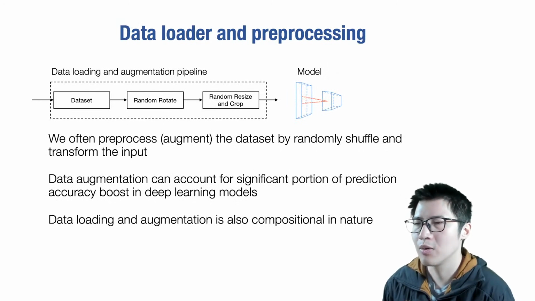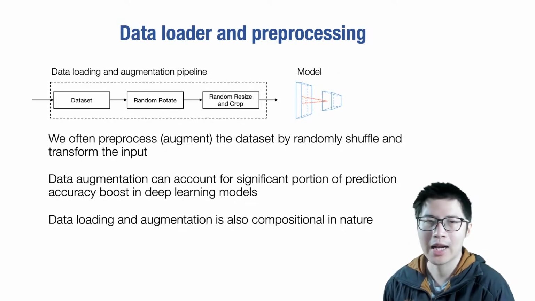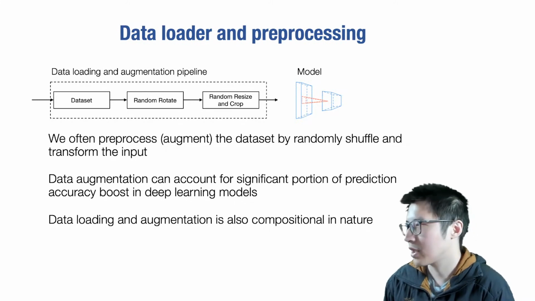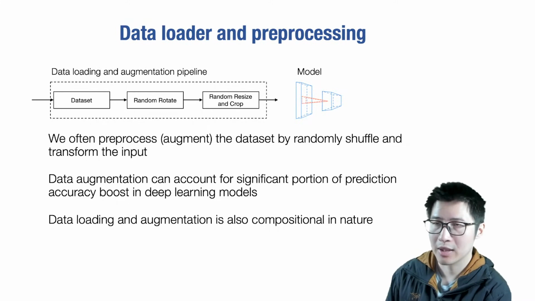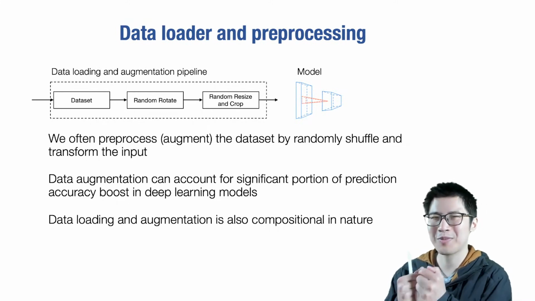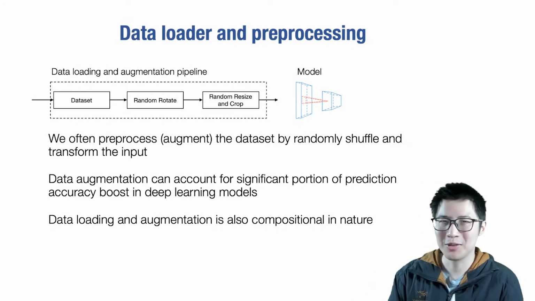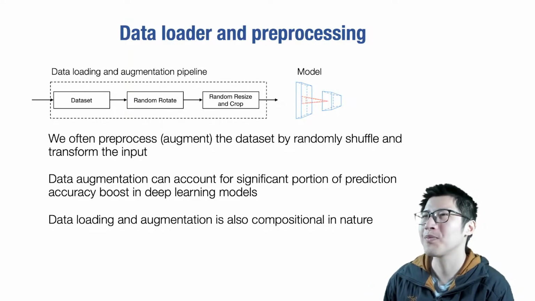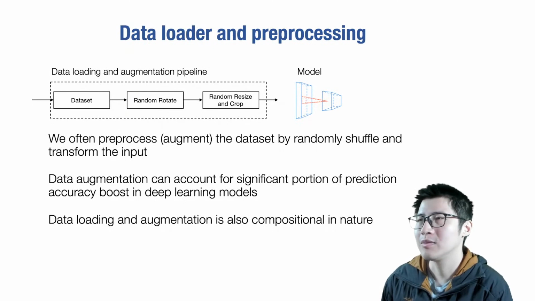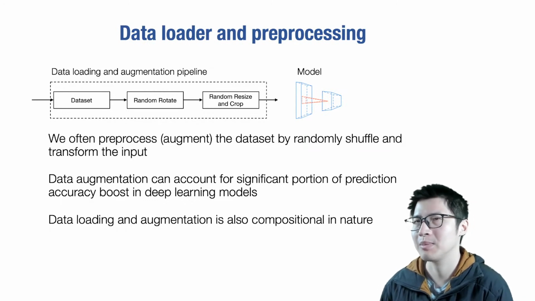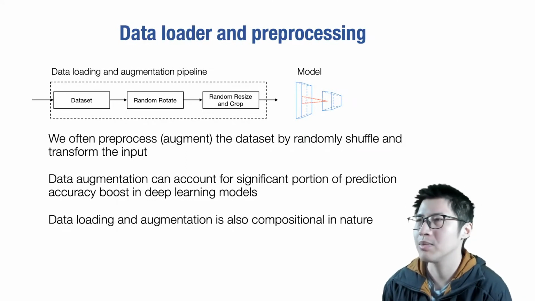Besides the elements that we talked about so far, one of the important elements that we still need to take care of is data loading. Not only do we want to be able to build a model, we also want an effective data loader that feeds the model training in an efficient fashion. There are different ways we can do data loading. For example, in certain cases, we want to pre-process and augment the dataset by randomly shuffling the input and transforming the input.